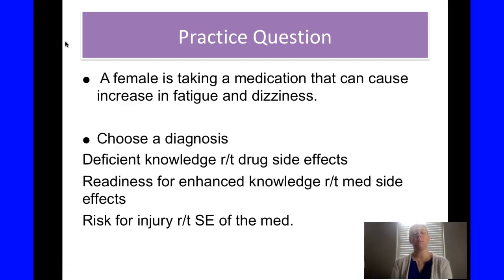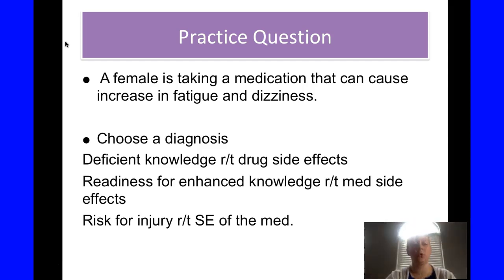A female is taking a medication that can cause an increase in fatigue and dizziness. Choose a diagnosis. All right, so she's taking a medicine that can cause tiredness and dizziness. Deficient knowledge related to drug side effects. Probably not, because you probably told her. Readiness for enhanced knowledge related to med side effects. A risk for injury related to side effects of the med.